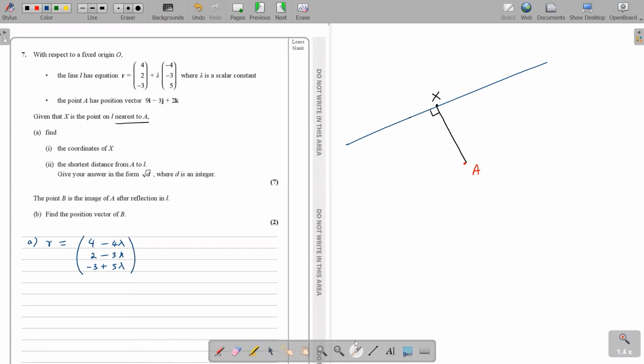So this represents the coordinates of any point that lies on line L. Any point on line L should follow this format. Are you with me?